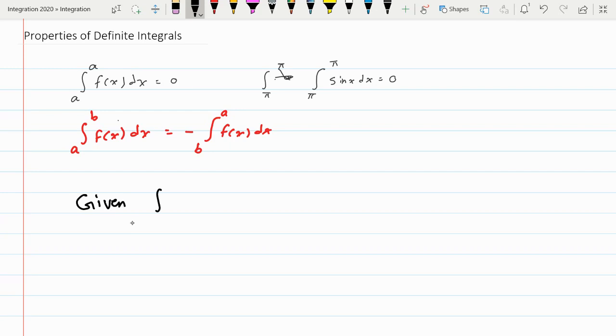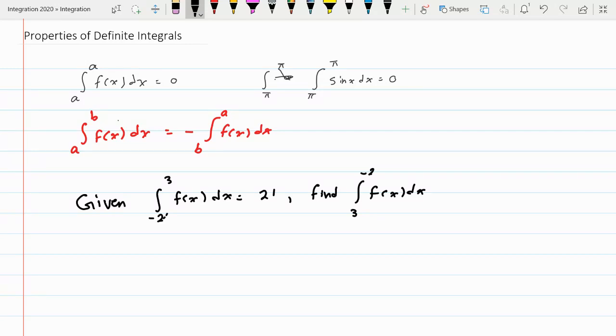Given that the integration from -2 to 3 of a function f of x dx was found to be 21, my question is: find the integration from 3 to -2 of f of x dx.